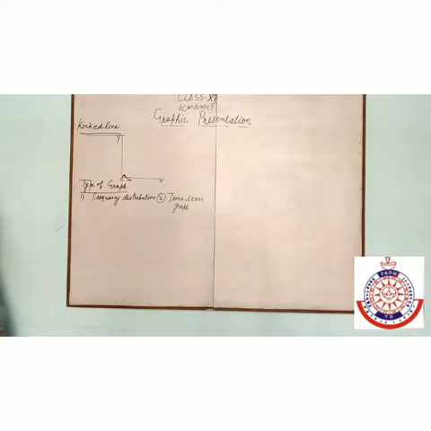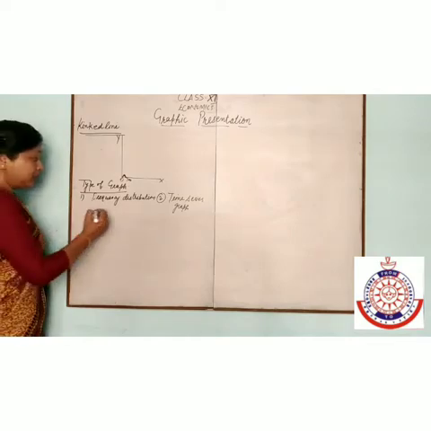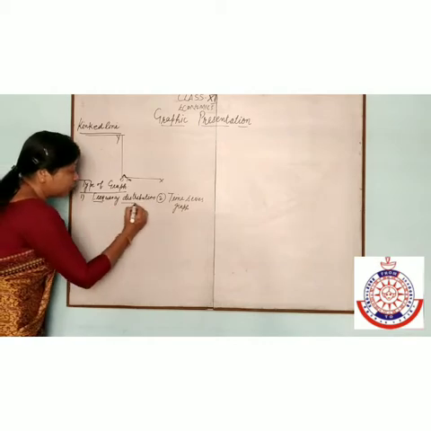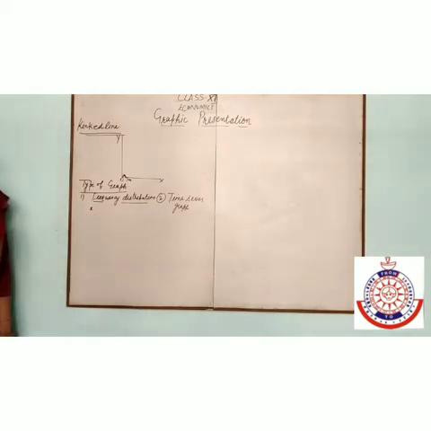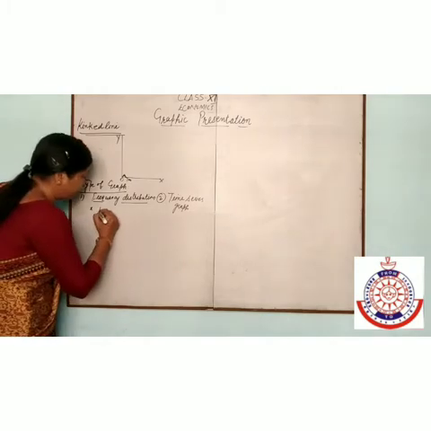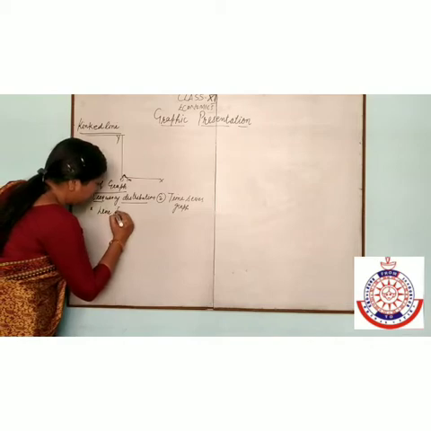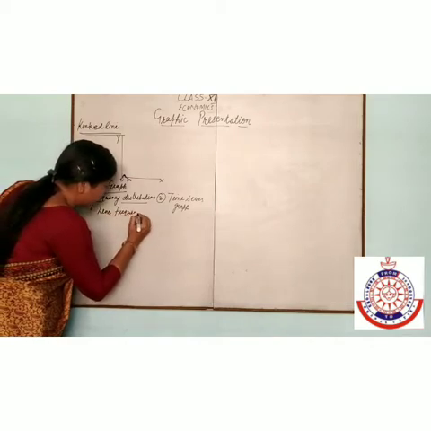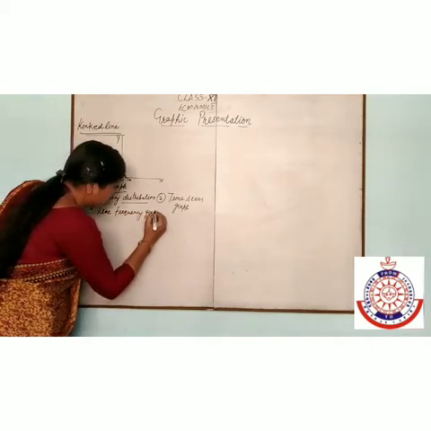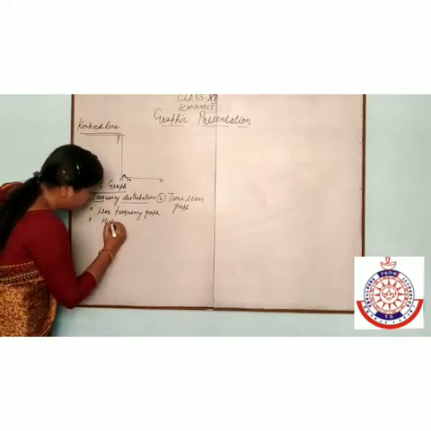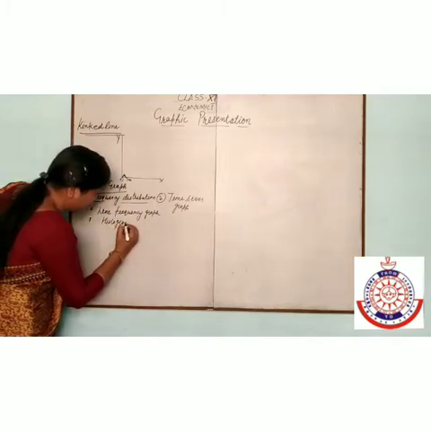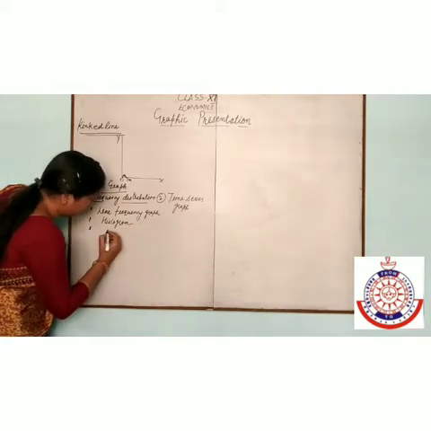Frequency distribution graph is divided into different parts. One is line graph, the line frequency graph. Second is histogram. Third is frequency polygon.